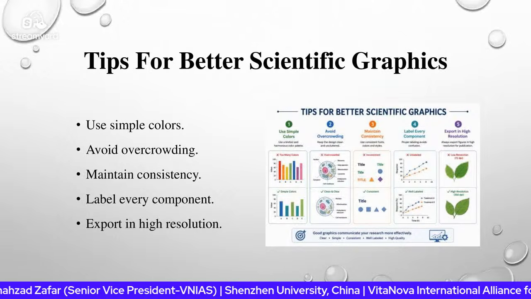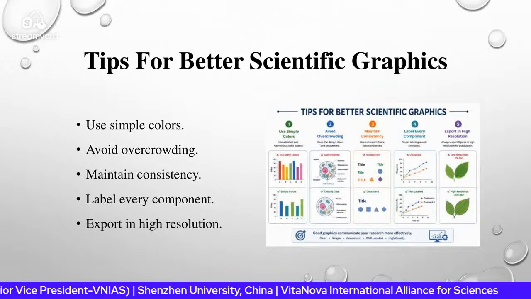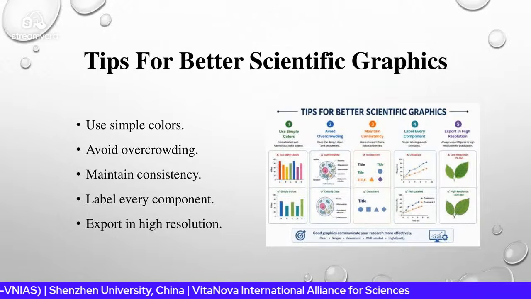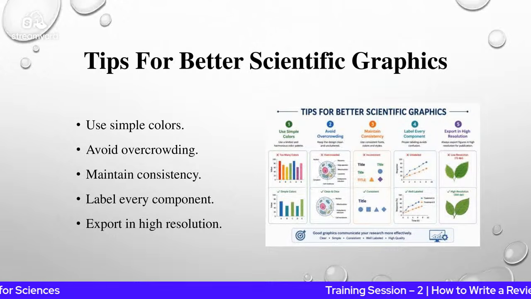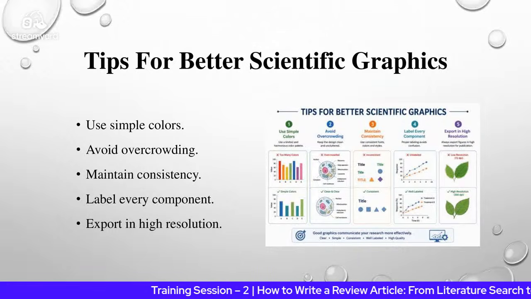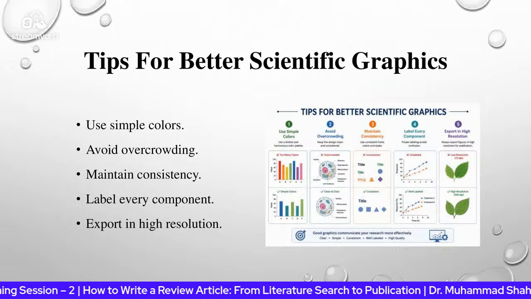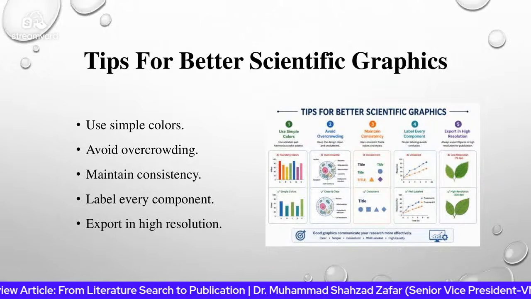Maintain consistency, keep the same fonts, arrows, symbols, line widths, and visual language. Label every component. Readers should not have to guess what a symbol means. High resolution. Always export the final figure in sufficient quality according to the journal's requirements.